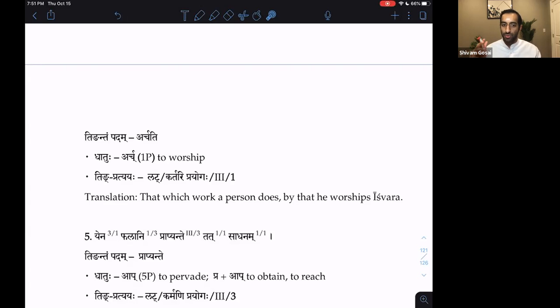It wouldn't really work like that either. This phrase is a little bit awkward in English. It works really well in Sanskrit, but in English it is a bit awkward. And so we recognize that. The idea here is that the person worships Ishvara by their actions, right? This is karma yoga.